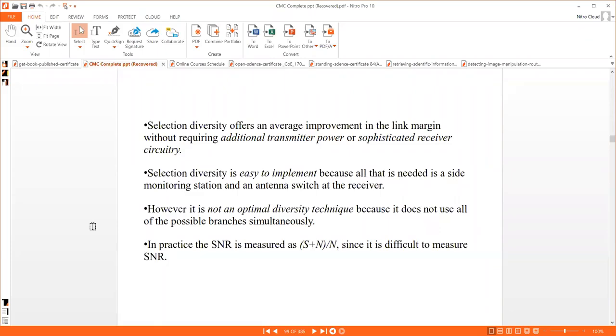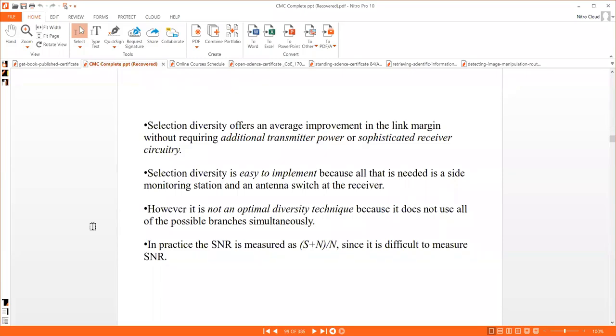Next point, selection diversity is easy to implement because all that is needed is a monitoring station and an antenna switch at the receiver. As I said already, it is a simple process. It requires a small monitoring system which can be used to easily select, and an antenna switch at the receiver, as simple as toggling a switch, whether we want the signal or not.